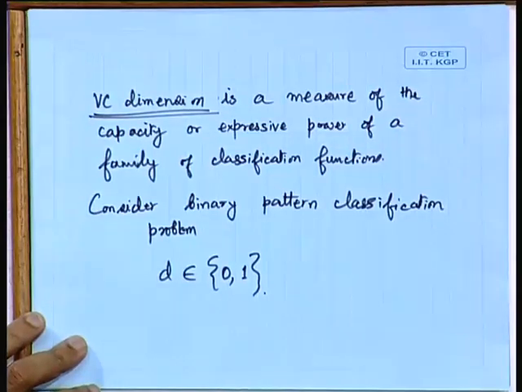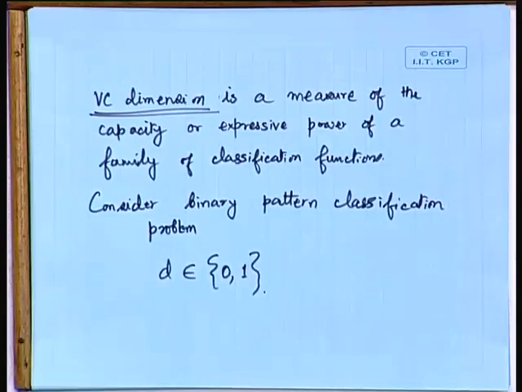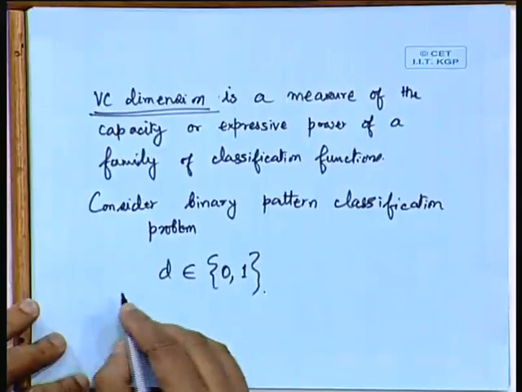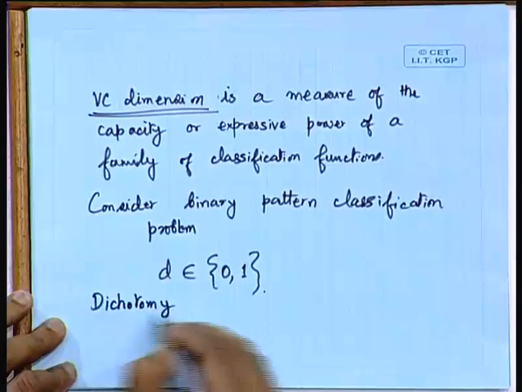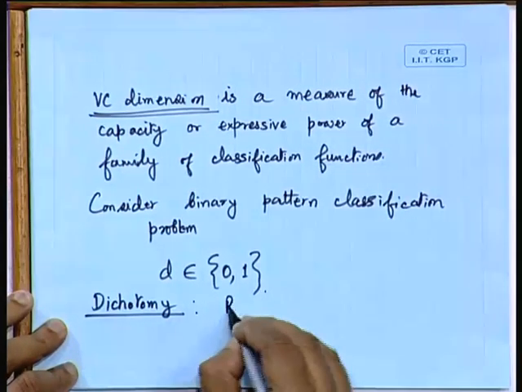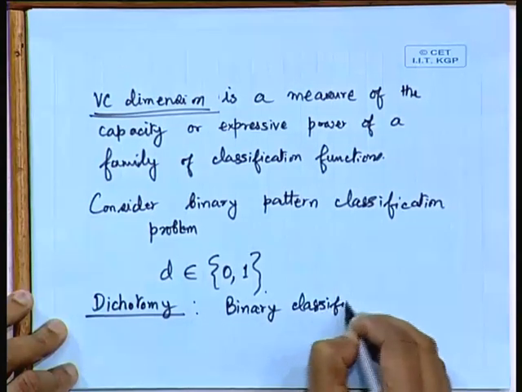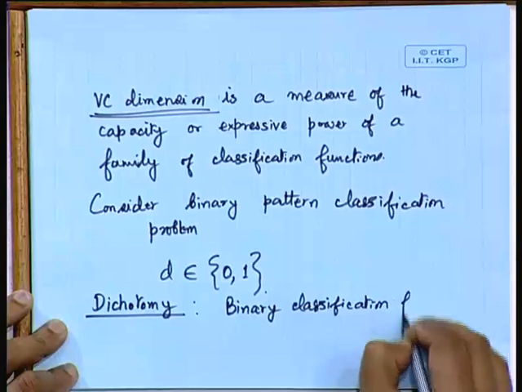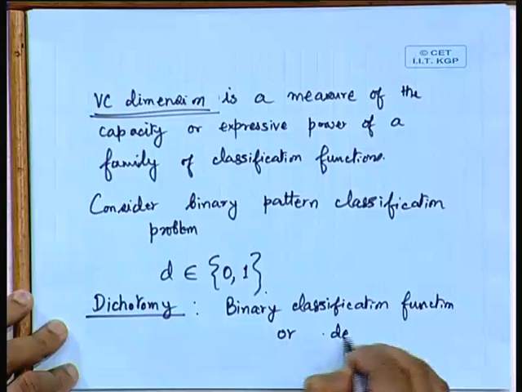D can be either 0 or 1. Now, how are we classifying into the binary patterns? That will be based on some decision rules. These rules we will be referring to as dichotomy. By dichotomy we mean a binary classification function or decision rules.